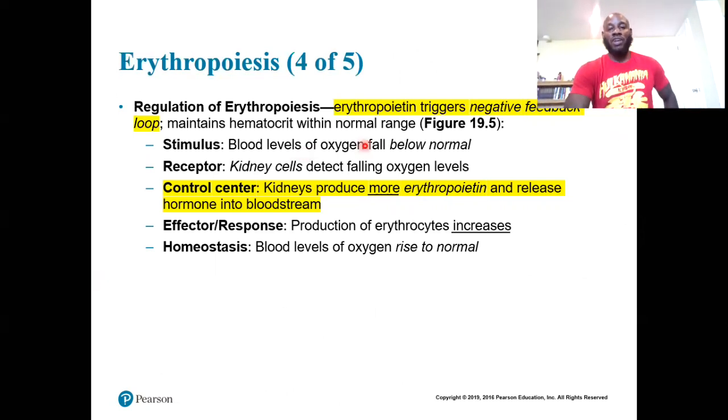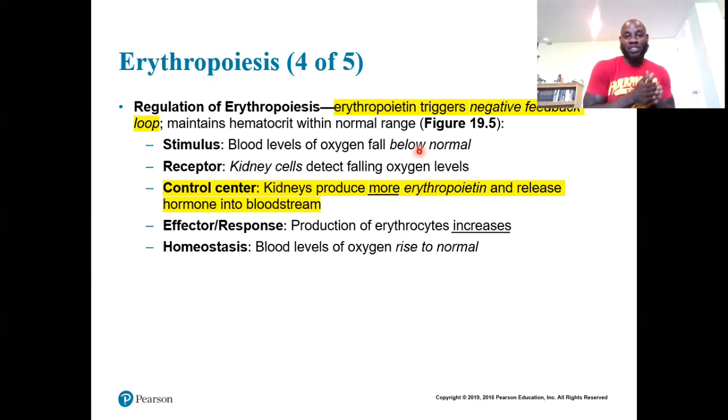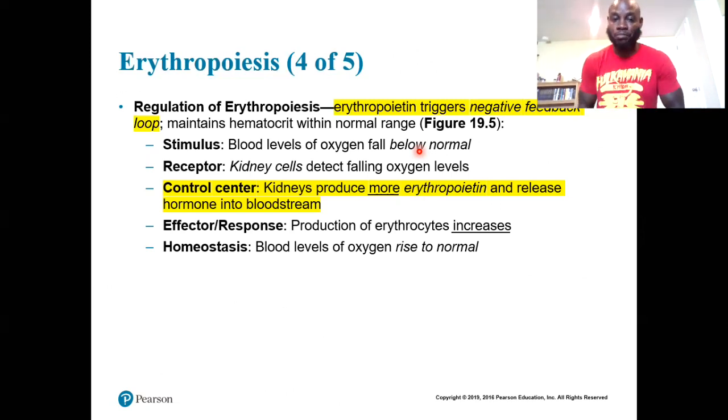So if your blood levels of oxygen fall below normal, your body is constantly monitoring itself, and it notices that you have less oxygen in your blood. If nothing else has gone wrong, it just means that there are fewer red blood cells. Remember, red blood cells only live about 100 to 120 days, so blood cells have died. Therefore, there are fewer blood cells to carry oxygen, so your body notices that there's less oxygen in your blood.